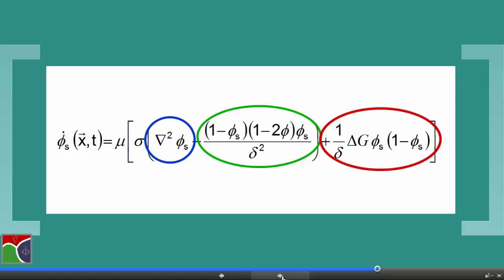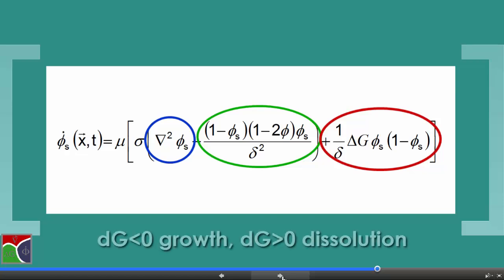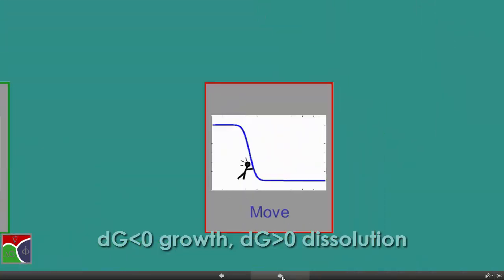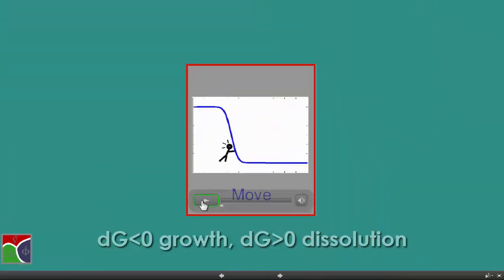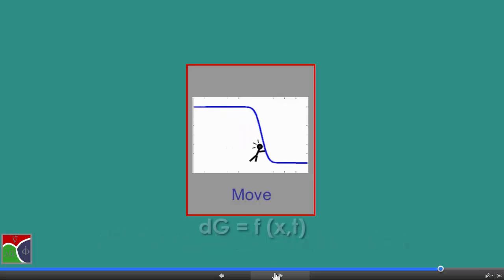If the difference is non-zero, then we will have a translation of the interface, a movement of the interface, and the direction of this movement depends on the sign of the delta G. So we either have growth or dissolution, which is depicted here again.